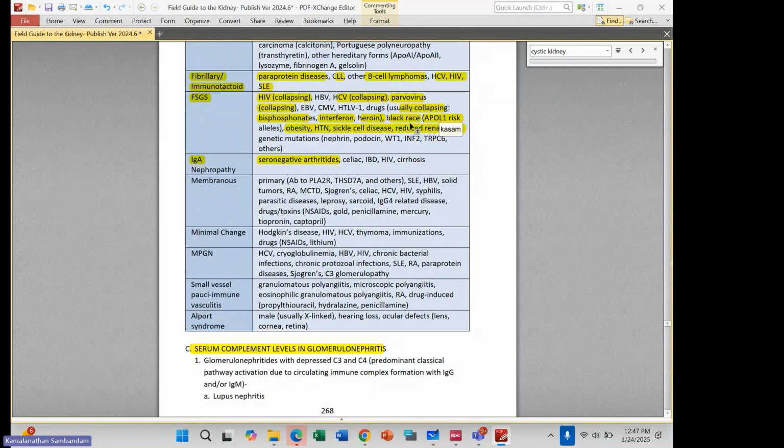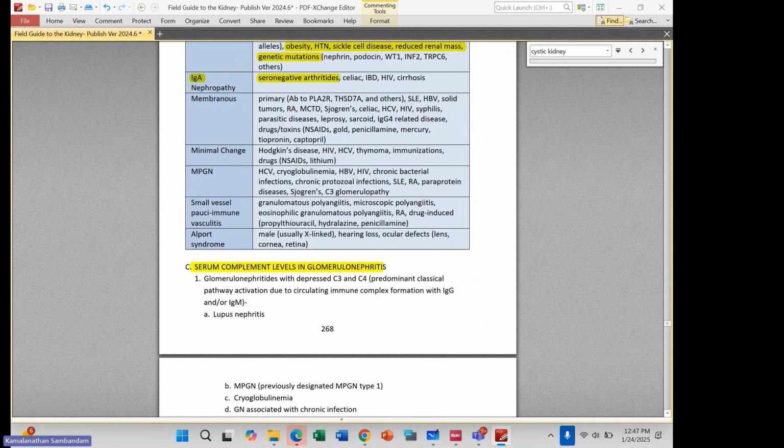Okay. Obesity, hypertension, sickle cell nephropathy, reduced renal mass would be examples of that. There's genetic forms of FSGS as well. We'll talk about those in greater detail.